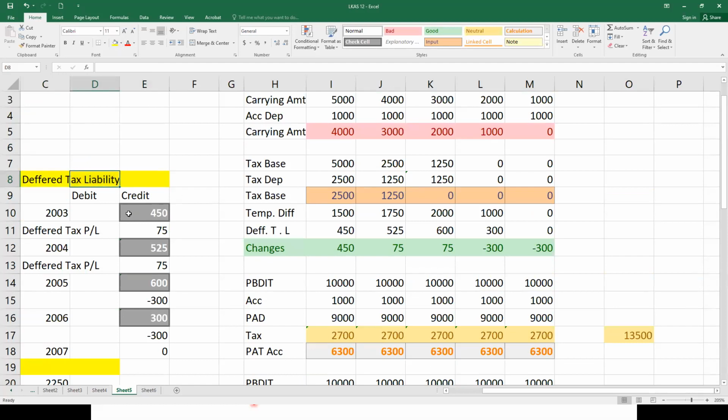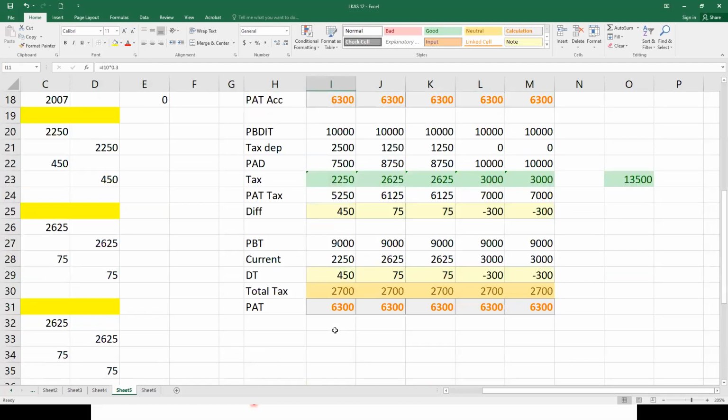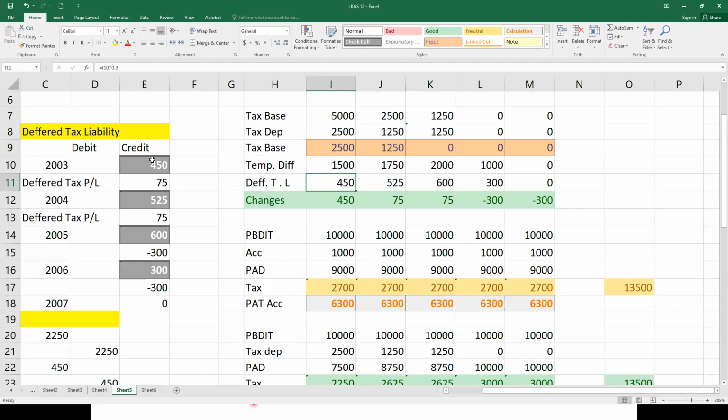In year 2003, the difference is 450. In the second year the provision will be 75, and in the third year the provision will be 75. But in the fourth year, we have to pay more tax.